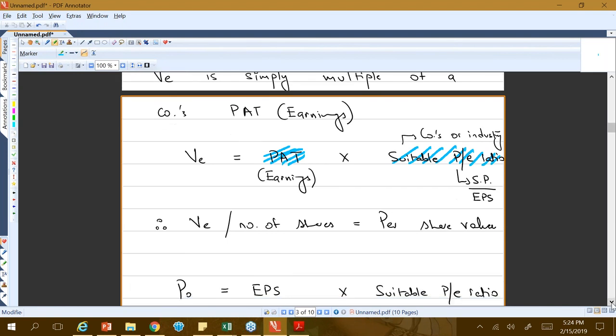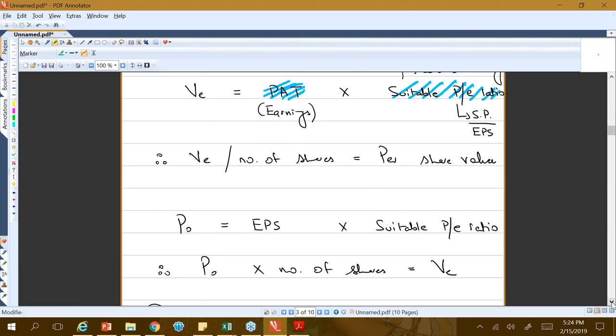Or we take EPS into a suitable PE ratio. The EPS into suitable PE ratio gives us a per share value, and profit after tax into suitable PE ratio gives us a value of equity. So it's again just a different way of looking at things, really, whatever you may be asked to do in the exam.